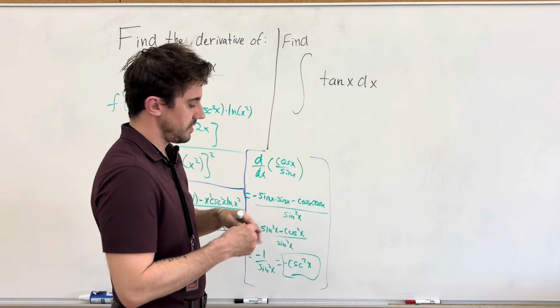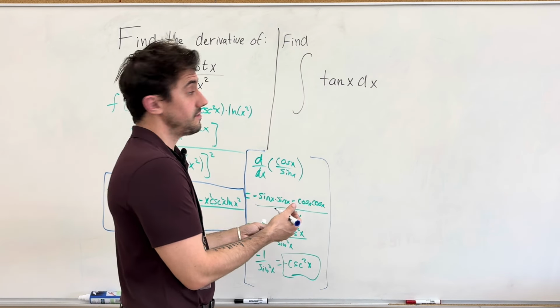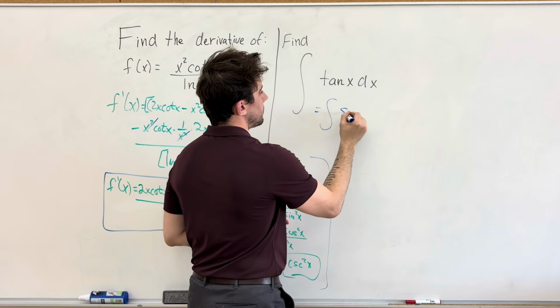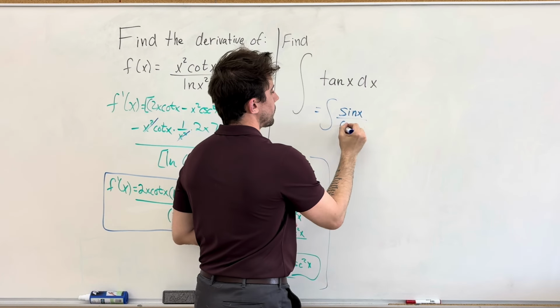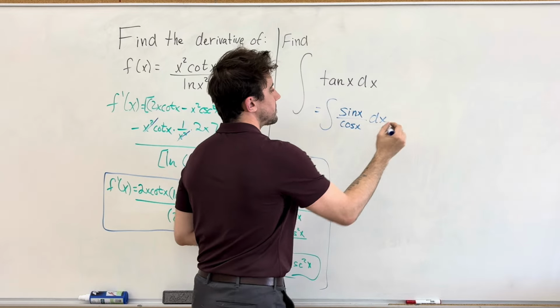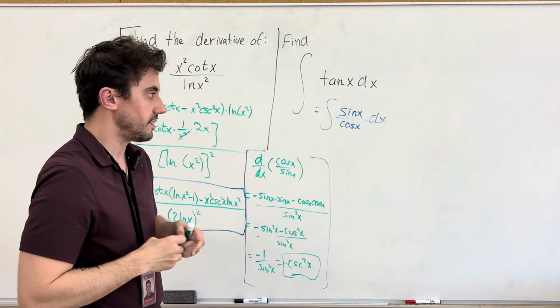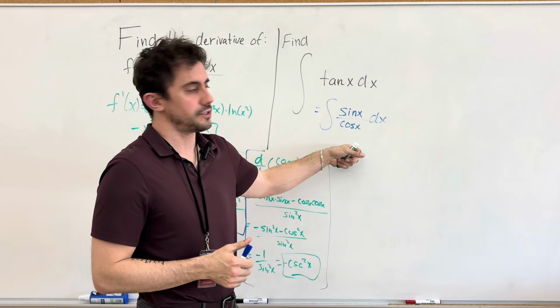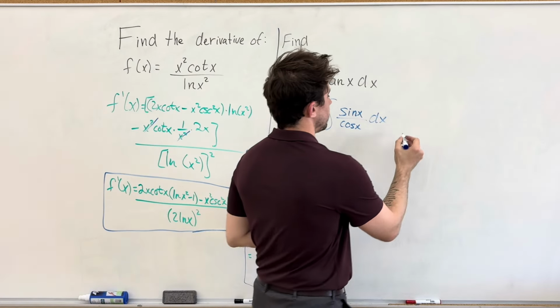Okay, so for this one, on that note, kind of a nice segue, we're going to evaluate the integral of tan x dx, which is really the integral of sine x over cos x dx. And when we write it that way, this might pop out at you as suitable for a u substitution. So let's try one.